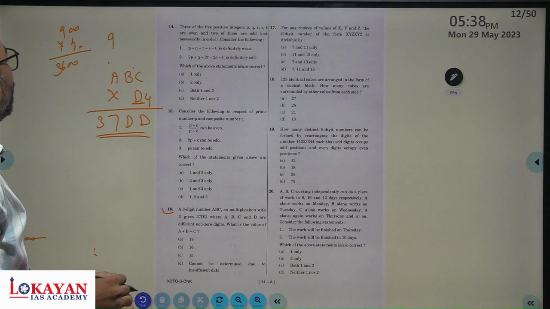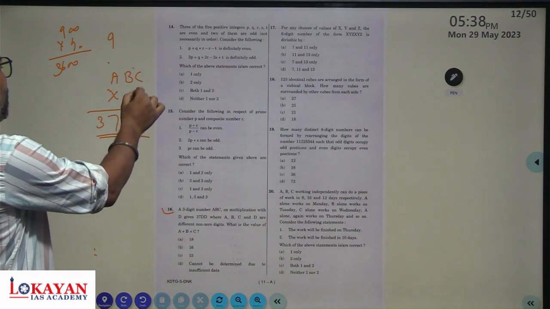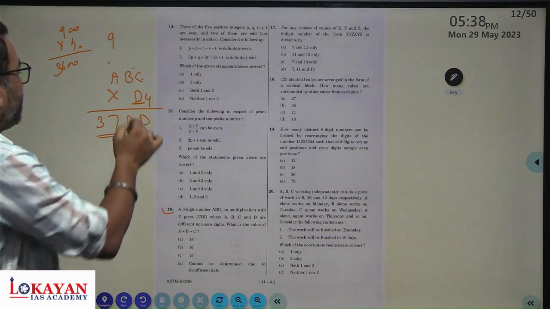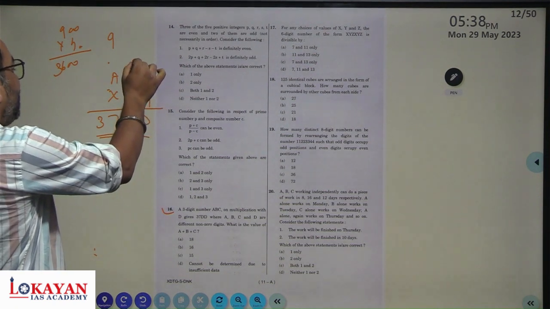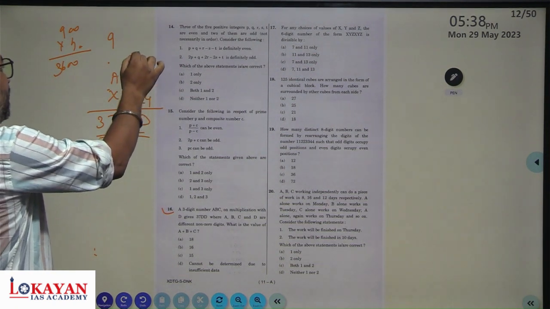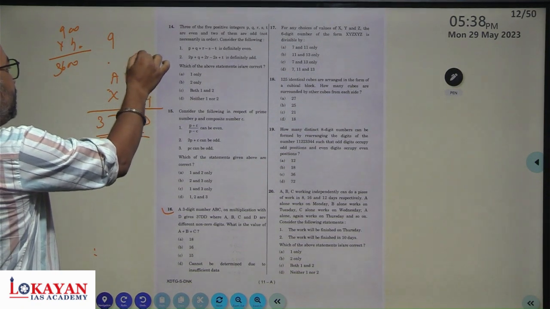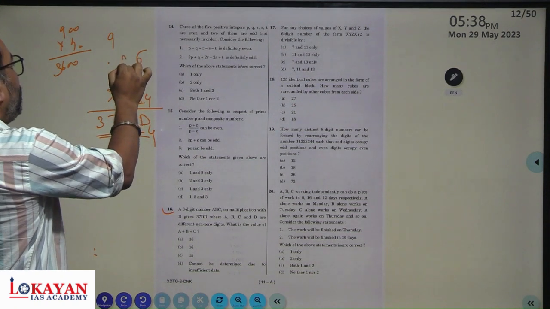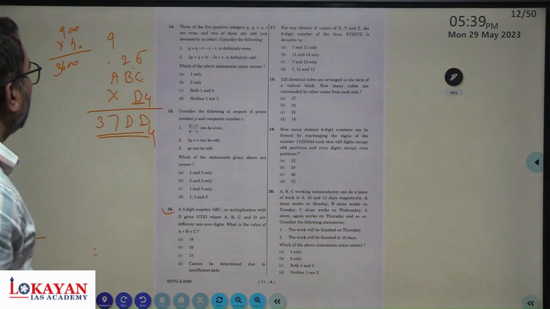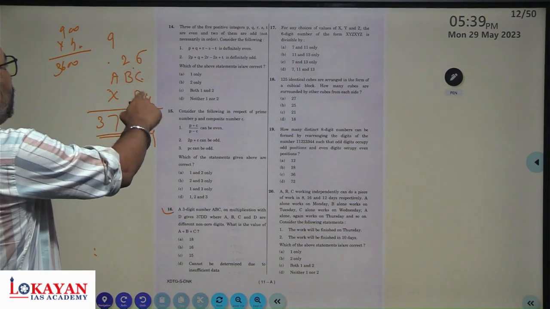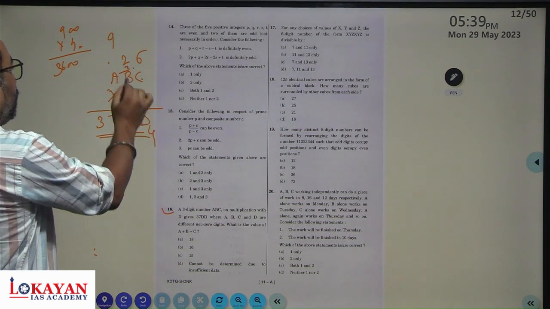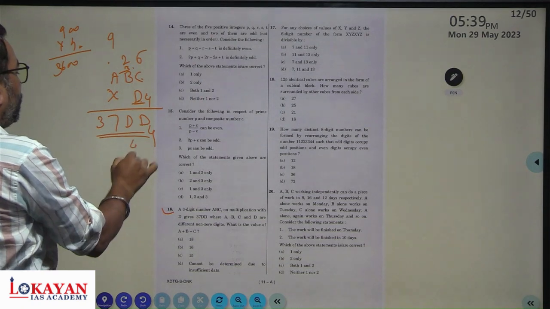Now D is multiplying with C, it gives us again D. So C can be either 1 or C can be 6. Let's take C as 6. So 4 6s are 24, carry will be 2. Now B will be 3: 4 3s are 12, 12 plus 2, 14.